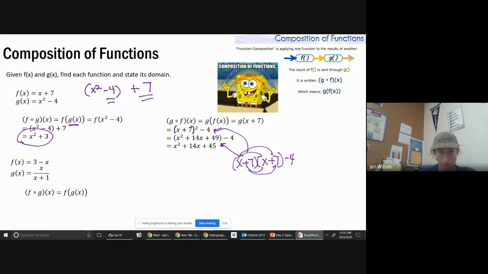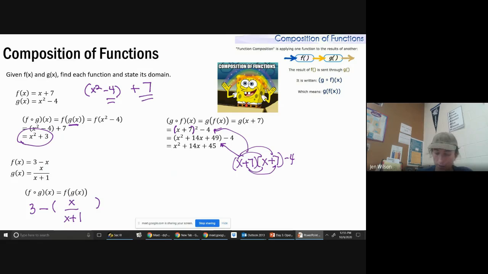All right, last one. We're doing f of g. So inside f, we're putting g. So on this one, I've got 3 minus, and then instead of x, I'm going to put a big parentheses because g is going inside there. And it's x over x plus 1. Well, the denominator can't be 0.